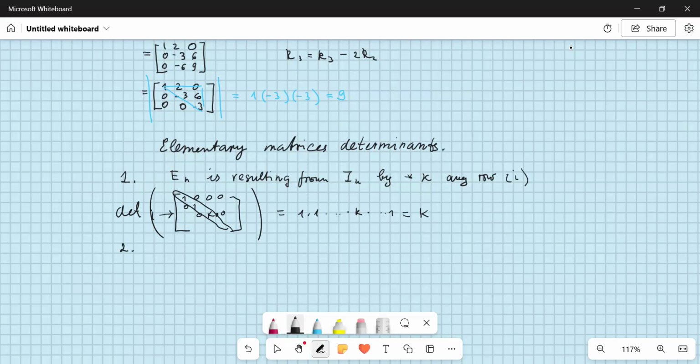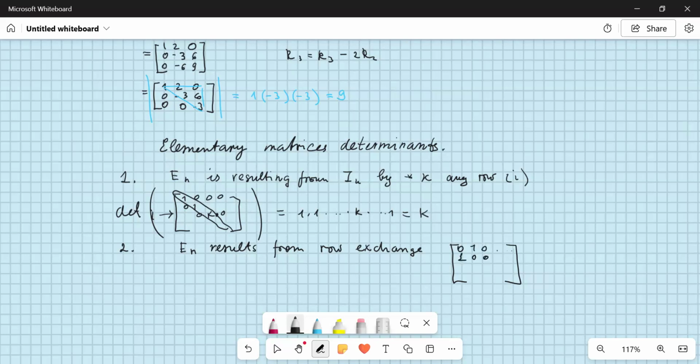Exchange determinant, if E n results from row exchange. Well, we know what row exchange is doing. It's doing the minus, right? But how is my matrix going to look? I take the identity matrix and exchange row number 1 and row number 2. So instead of 1 here from identity, I'm going to have 1 here.